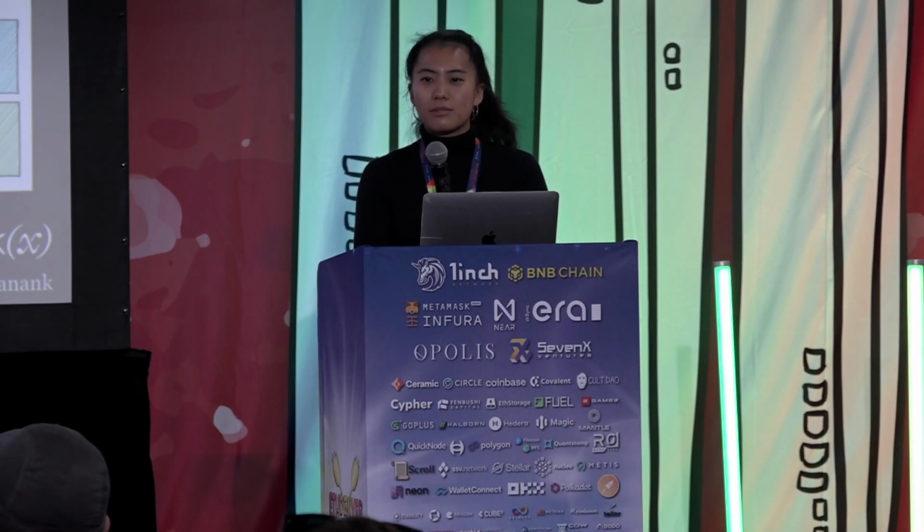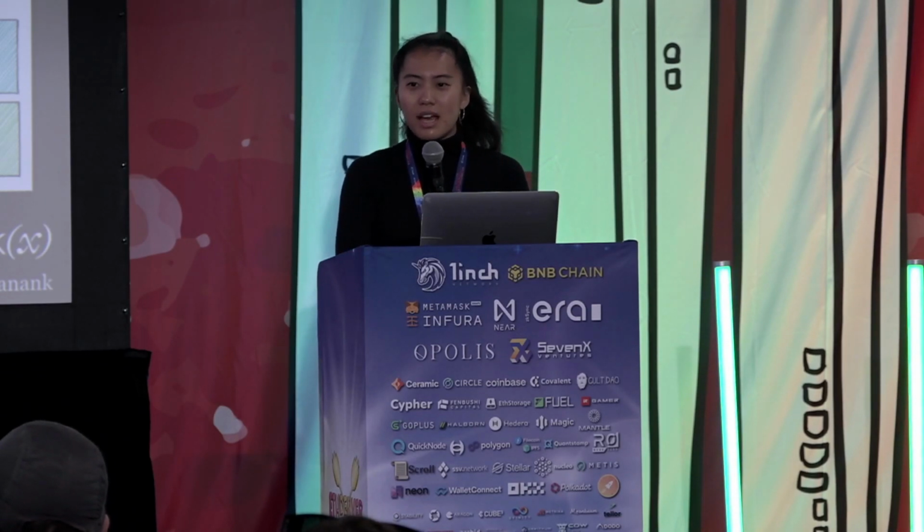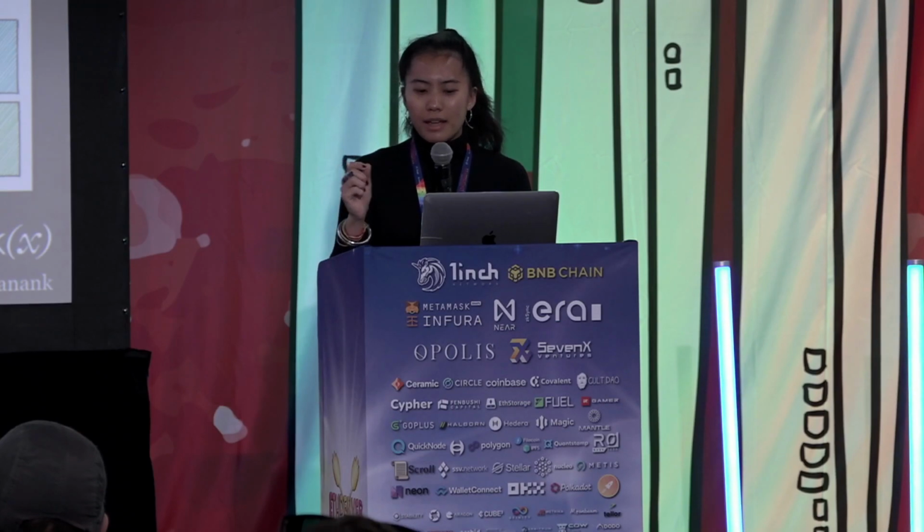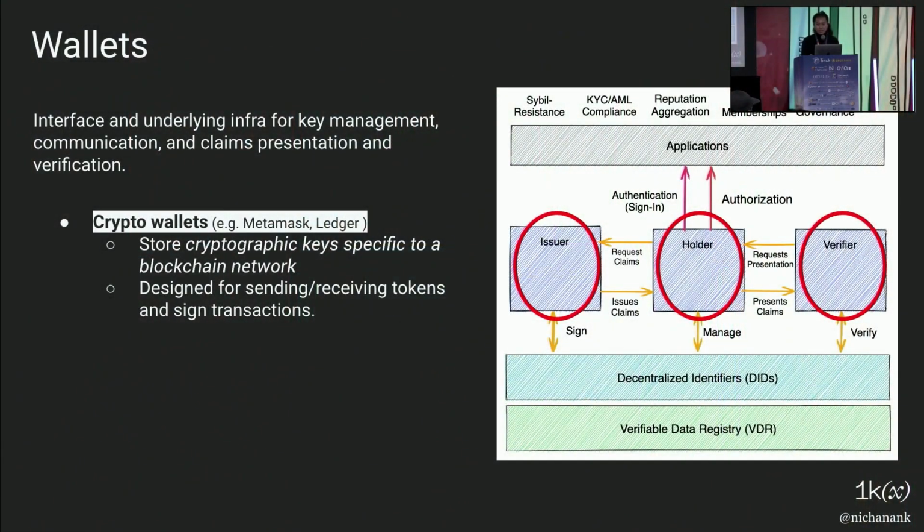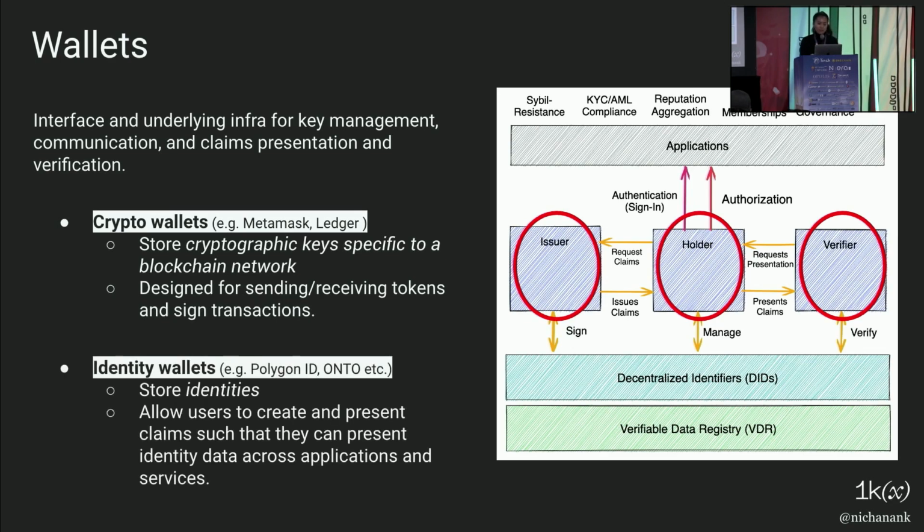Crypto wallets right now aren't really designed to make claims about another identity. They're designed to hold your assets and sign transactions, and they're typically specific to a blockchain network. So you use MetaMask for EVM chains and Phantom for Solana, for example. On the other hand, identity wallets store identities, and they're more compatible with the diagram we have here.